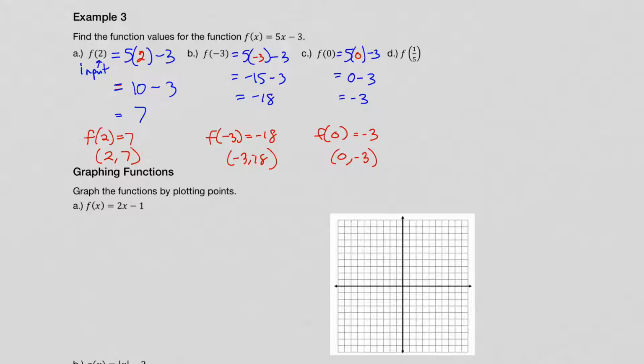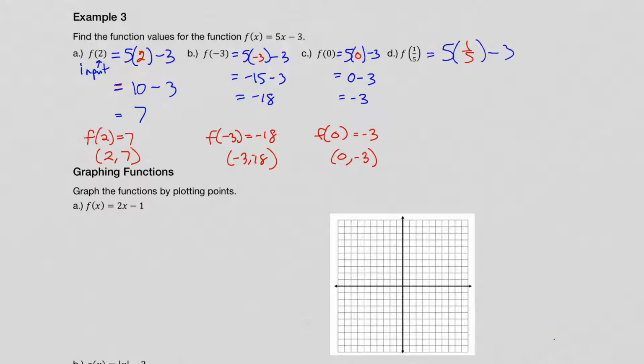Now let's take a look at the fraction one. This is actually going to work out very nicely. So we have 1/5 inside the function machine.